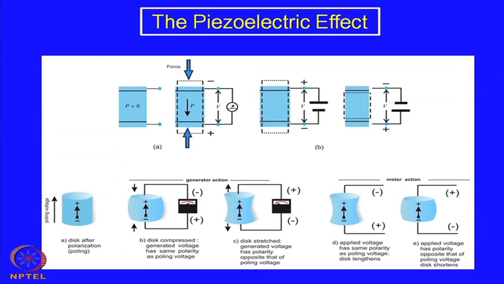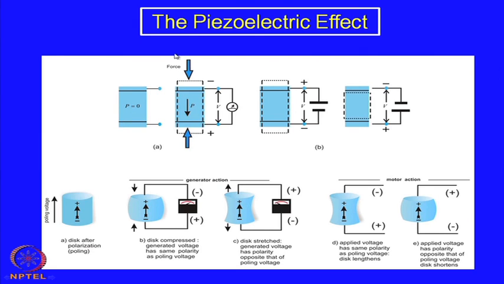Well, how can we demonstrate the piezoelectric effect? In this diagram one can see a piezoelectric material. To start with, there is no voltage, no pressure, so the polarization P is 0.